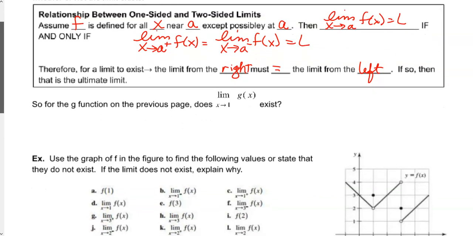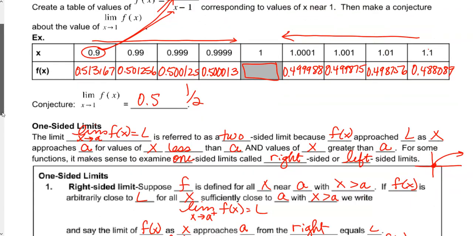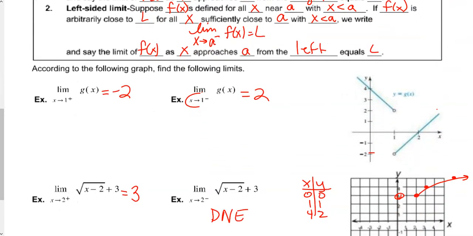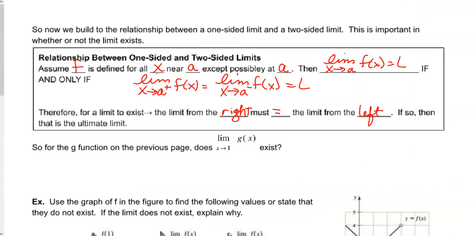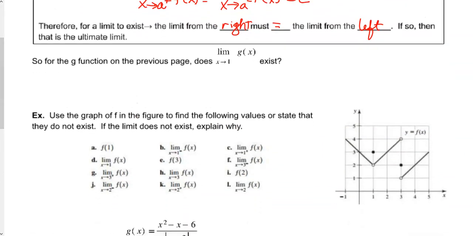Okay? So, for the g function on the previous page, let me remind you what that looks like right there. Does the limit as x going to 1 of g of x exist? Well, we have to assess the limit from the right and the limit from the left, and we look at these two values. Notice that those limits are different. Therefore, the answer to the question, does that exist, is no. Why?